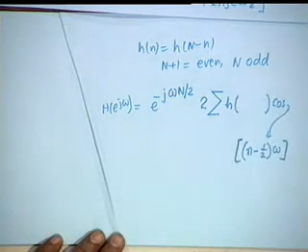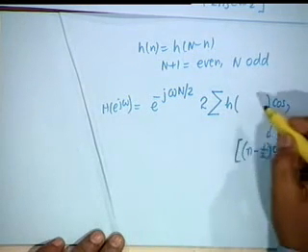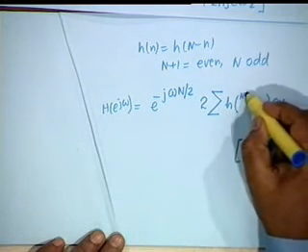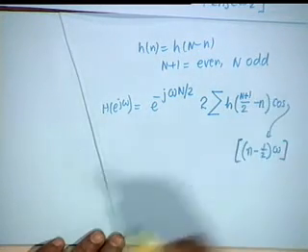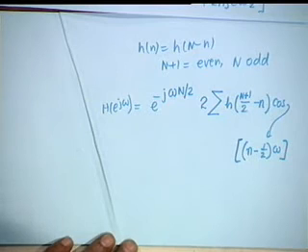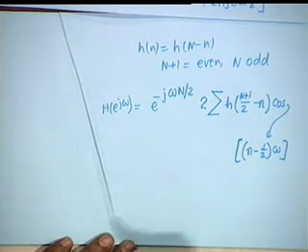Then what should be the subscript here? N plus 1 by 2 minus n. Let us see if we can match it. When n equal to 0, well, what should be the limits? How many terms do we have?